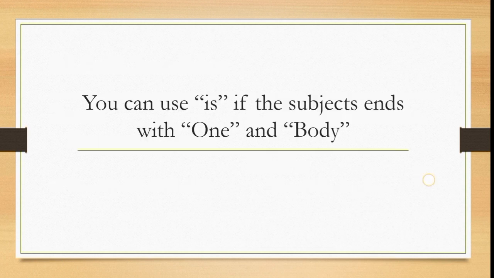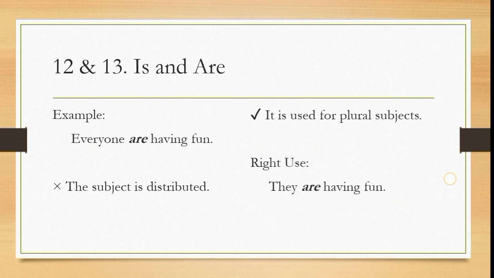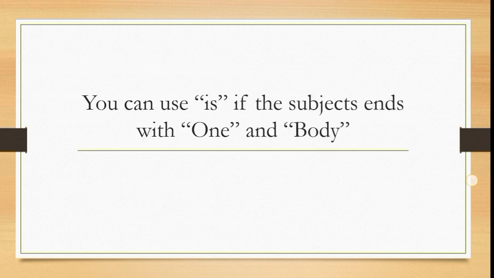You can use "is" if the subject ends with "one" and "body," for example, everyone and everybody. And in the example here, everyone is used, so the verb that should be used is "is" instead of "are," because everyone here ends with the word "one."